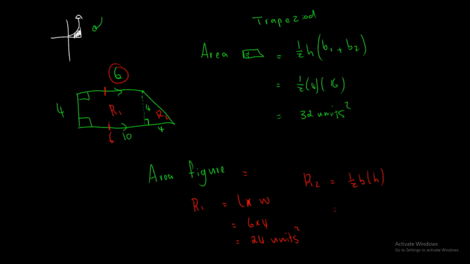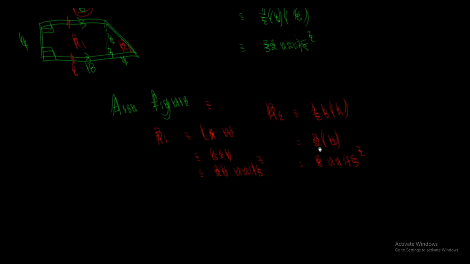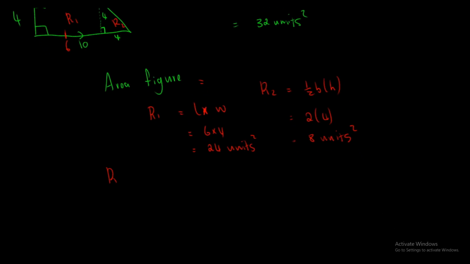Half of the base is 2, the height is 4. That gives me 8. So I have 8 units squared. Now all of a sudden I can say, well, region 1 plus region 2 is equal to 32 units squared. And look at that.